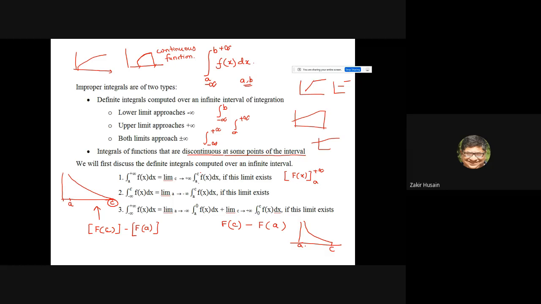So suppose you have a curve like this. This function is asymptotic to the x-axis. How can you find the integral of this?